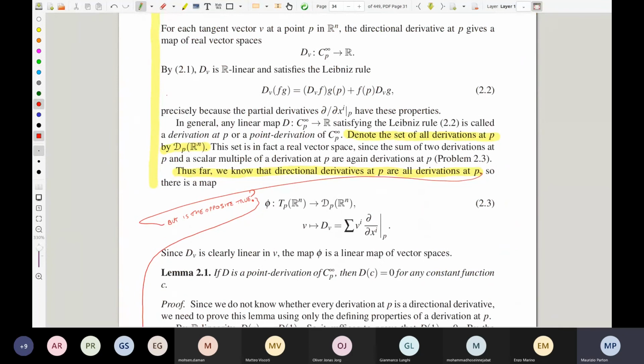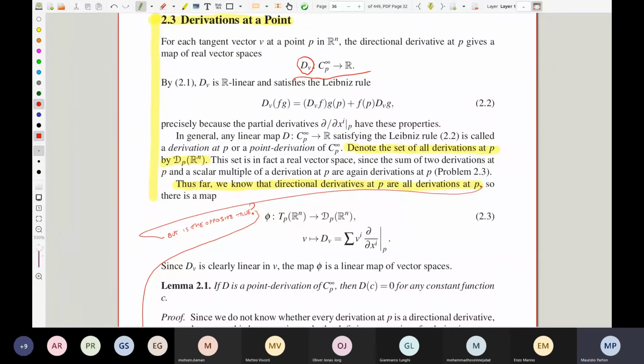Okay, so we say that for each tangent vector, we have a map this way. This is not just a map from this space to this. This is a map which is a derivation. What does it mean, a derivation? Well, it satisfies the product rule, the usual classical product rule of derivative of a function. That is this one.